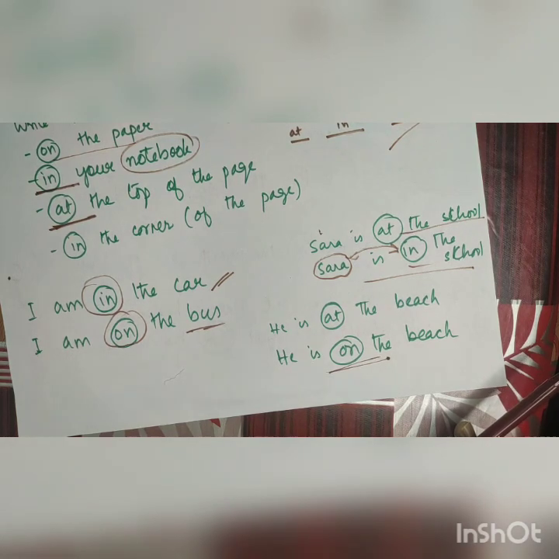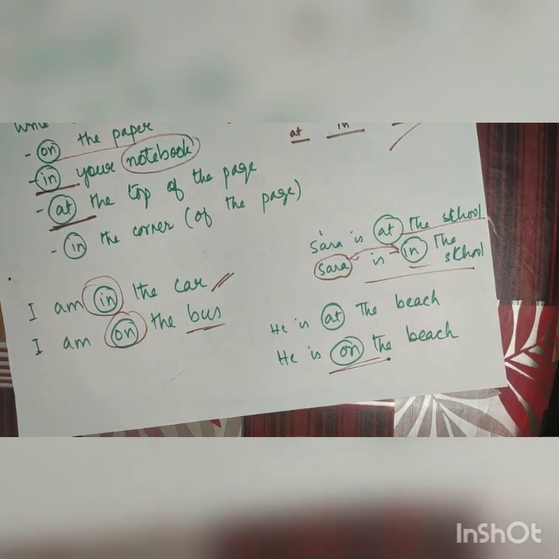That is the most convenient way of studying prepositions. When you have to understand the position or location of something, you have to see the context. Otherwise, if you don't know what it is talking about, what is the story behind it, you cannot write the correct preposition. So that's all about the class.